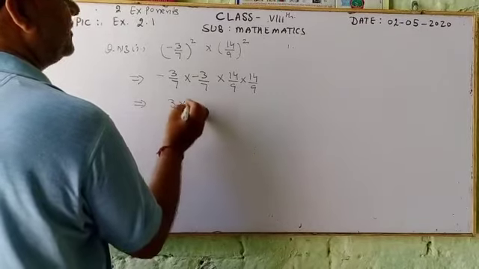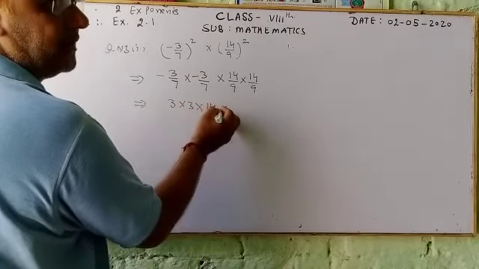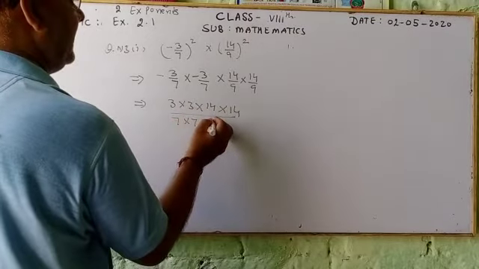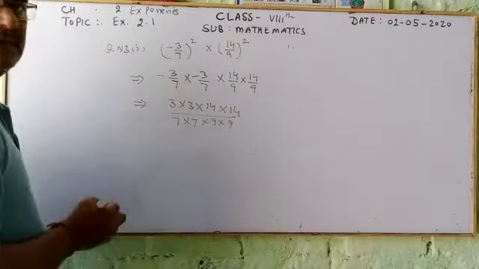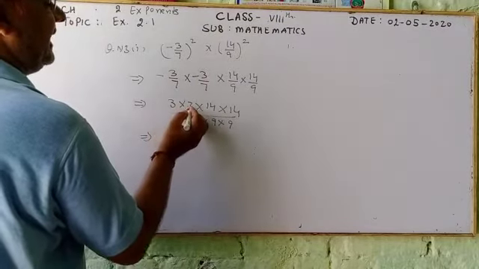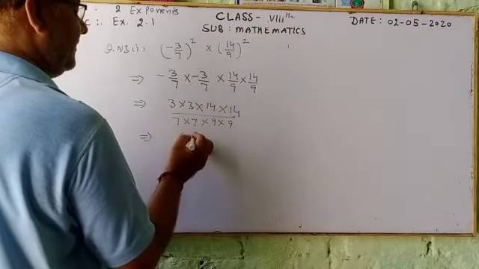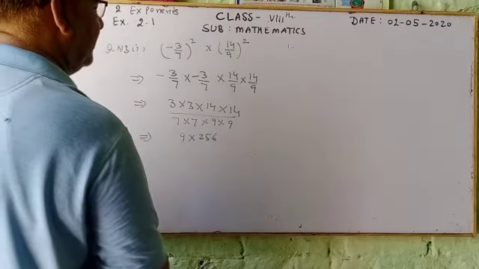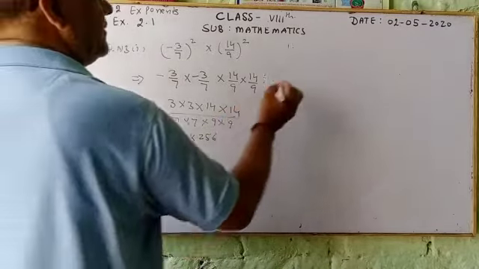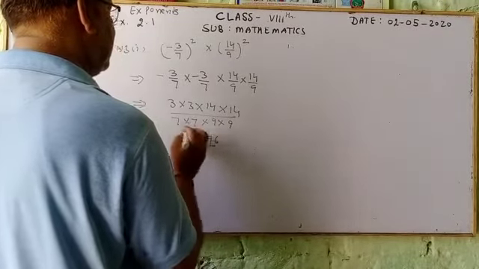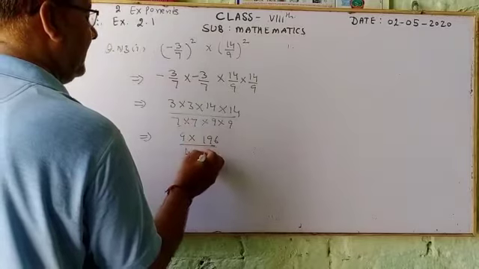and 3 into 3 into 14 into 14 over 7 into 7 into 9 into 9. So we multiply here: 3 3s are 9 and 14 into 14 is 196, and 7 7s are 49, 9 9s are 81.